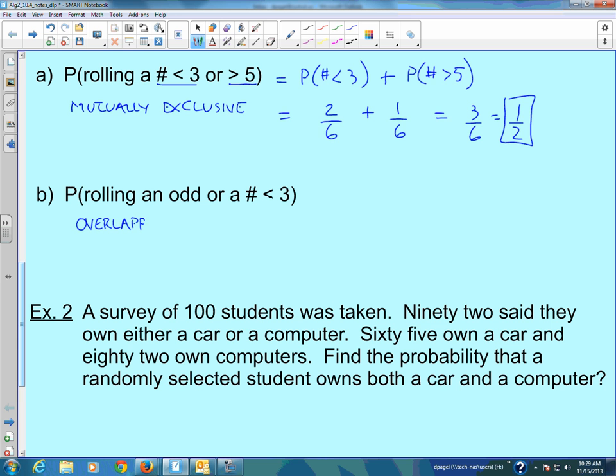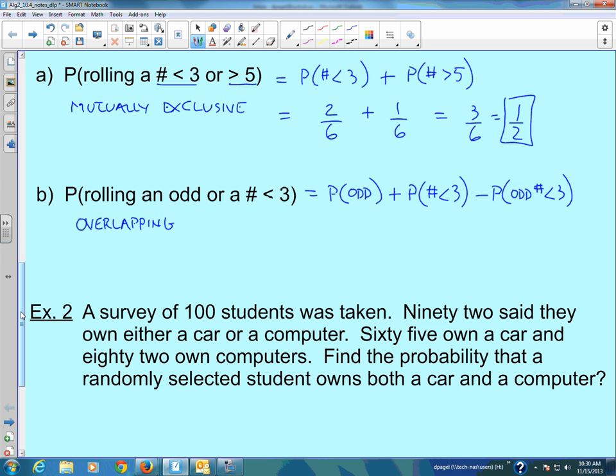Our overlapping compound event states that I would consider the probability of each event individually. So the probability of getting an odd plus the probability that a number on the die is less than 3. And now, because I have an overlap of this number 1, which is both an odd number and is a number less than 3, I don't want to double count it. So we're going to have the probability of an odd number less than 3.